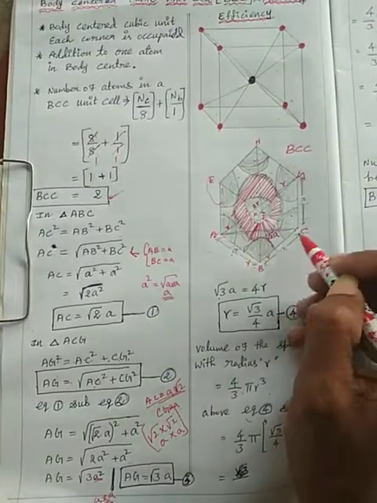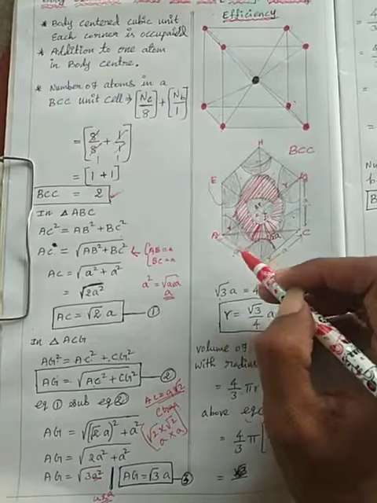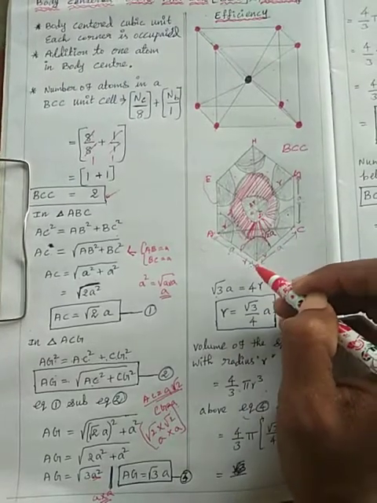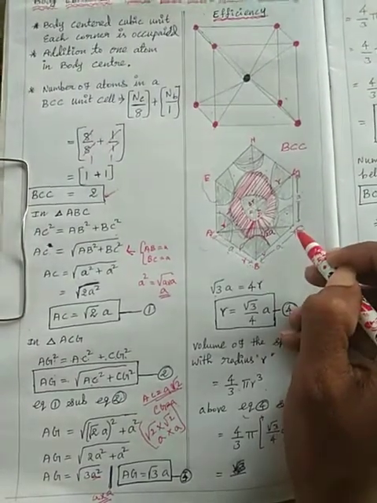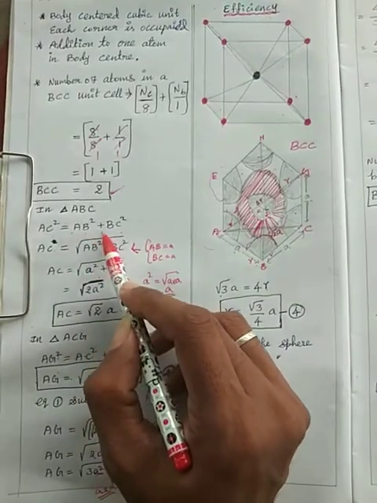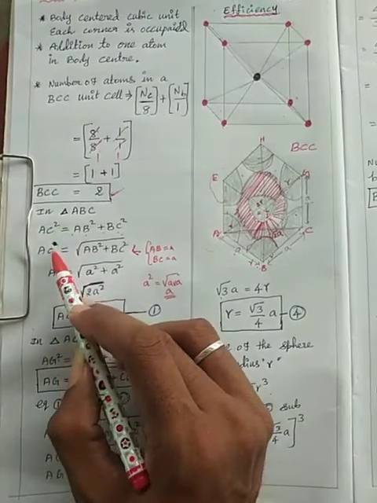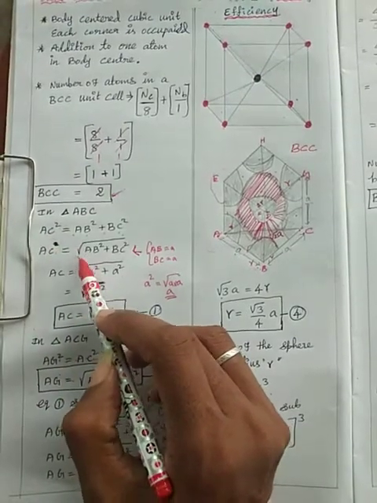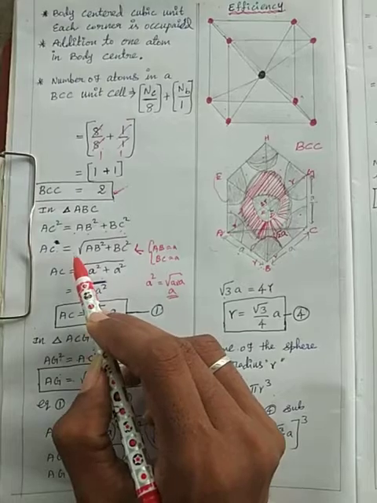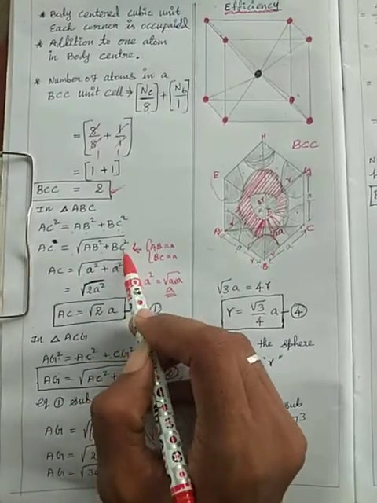Apply the Pythagoras theorem to triangle ABC: AC squared equals AB squared plus BC squared. To remove the square, take the root on the right-hand side: AC equals root of AB squared plus BC squared.